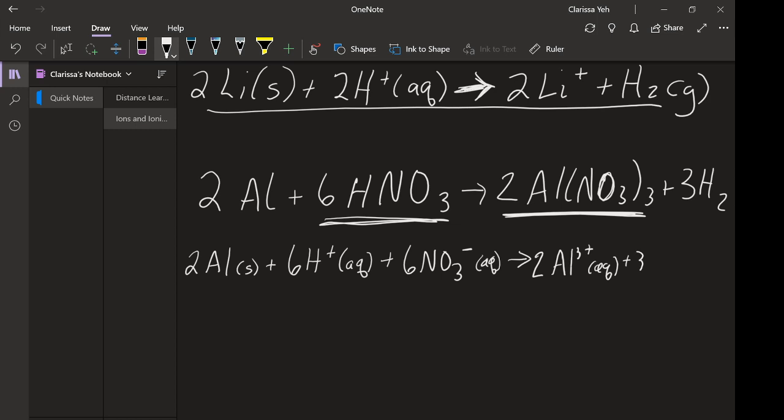And then, because I have 2 lots of 3, I have a total of 6 nitrates. And that's 1 negative. And then my hydrogen is just a gas, it didn't get dissolved. Once again, look for what can be cancelled out on either side.